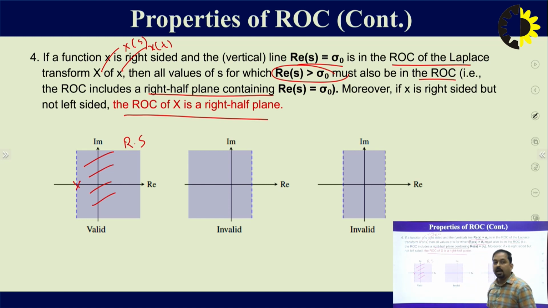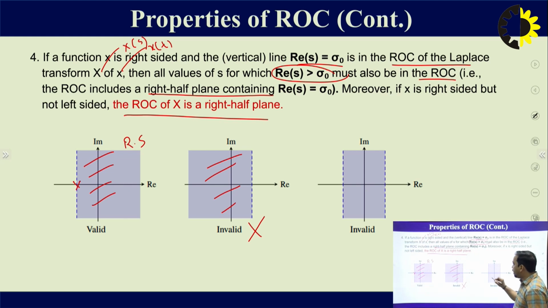So the ROC will lie in the right hand side of the s plane. Right hand side means RHP. Similarly, this is somewhat for left sided, so definitely it is not a valid ROC. It is invalid.